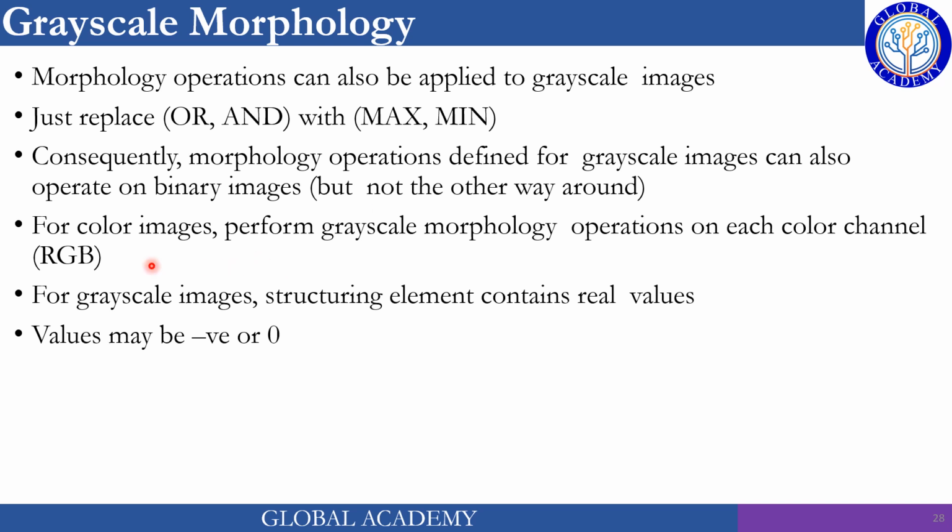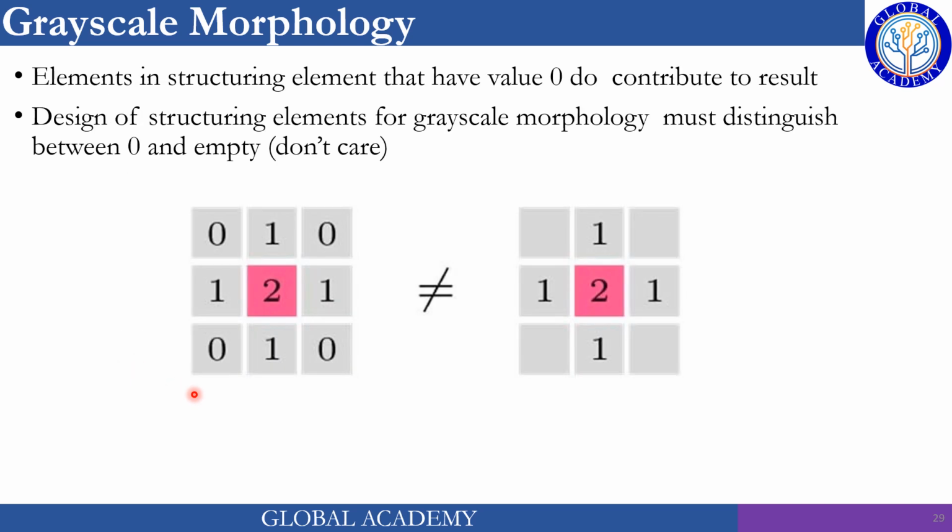In case of colored images, definitely you have to perform morphology 3 times, I mean, on each color channel like RGB or other color channels. So for grayscale images, structuring elements contains real values. Values may be negative or 0 even.